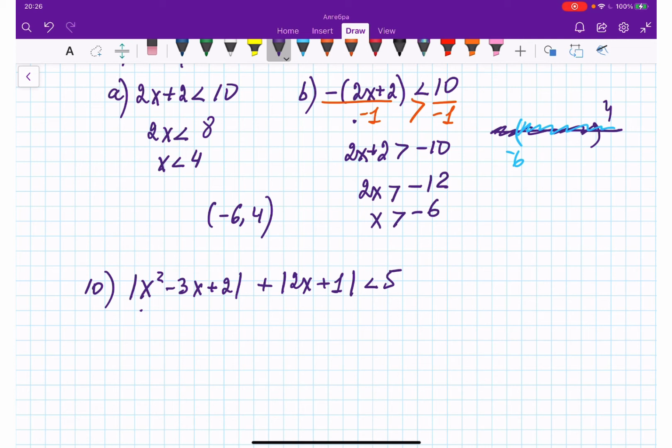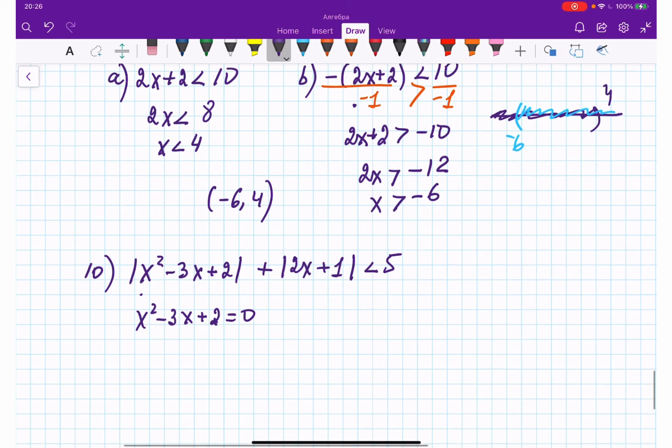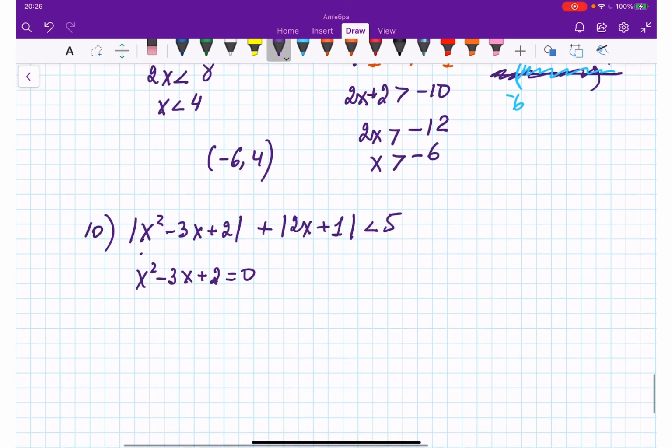To be able to solve, we set it equal to 0.